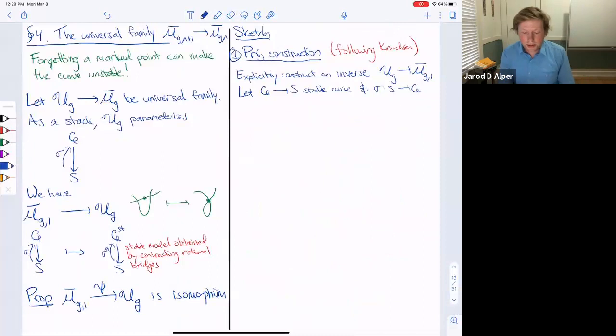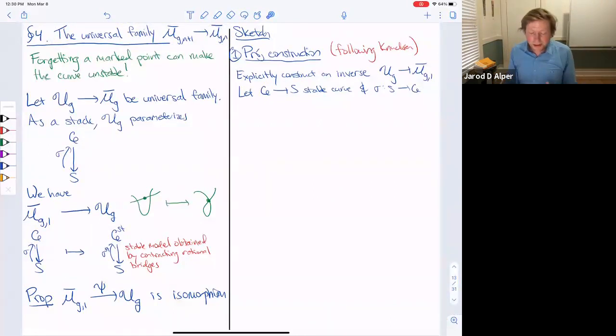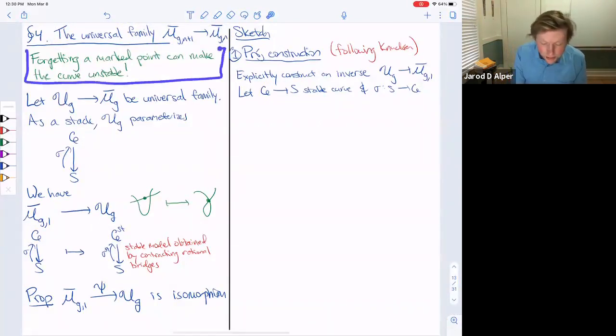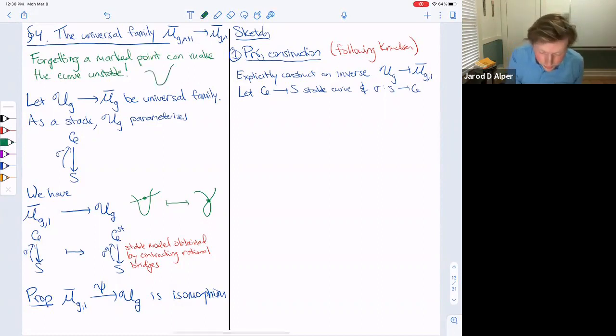So here we'll talk about forgetting a point, and we'll show that as a universal family. But I wanted to highlight first that this is a subtle point, that forgetting a marked point can destabilize your curve. An example would be, just take a curve that has a rational component and a marked point here. If you forget that point, it's no longer stable.